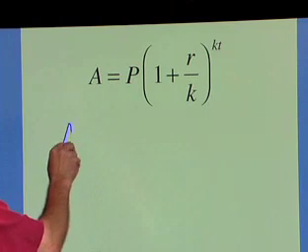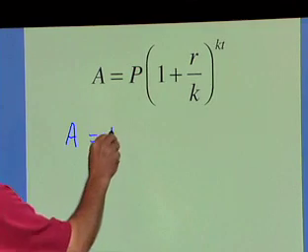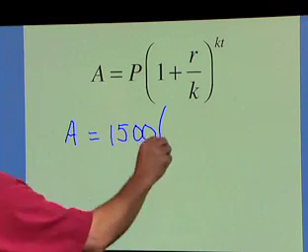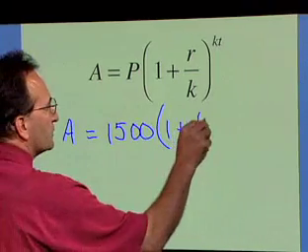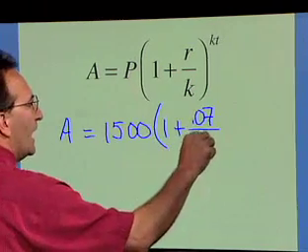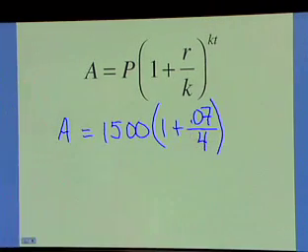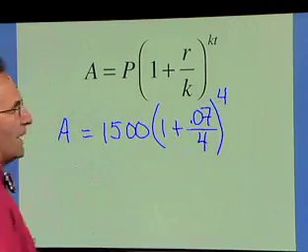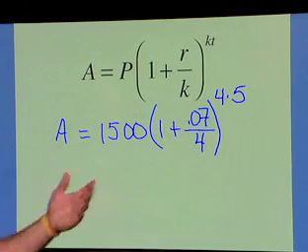We're looking for A, and we know that P was the initial amount of $1,500, and then we would have 1 plus the interest rate, which is R, which is 0.07 as a decimal. We need to divide that by the number of times that it is compounded, which was 4 times per year. And then that's all going to be raised to the number of times that it's compounded per year times the number of years, which was 5.